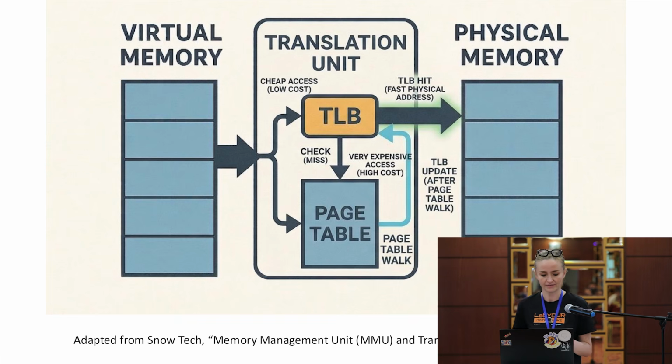If the translation is in the TLB, then we've got a hit, and the memory access is fast. If the translation is not in the TLB, then we've got a miss, and we need to go to the page tables and walk them, which is very expensive, okay? So we really would like to have everything in this layer, in the TLB.